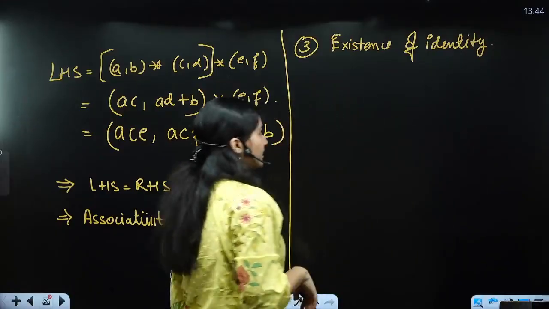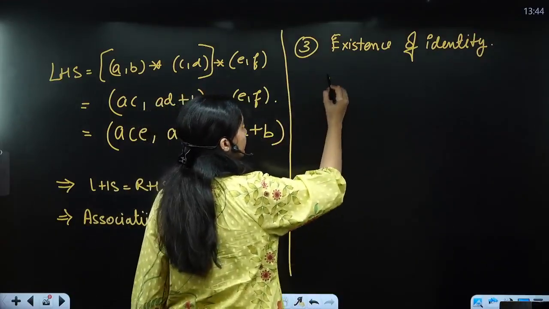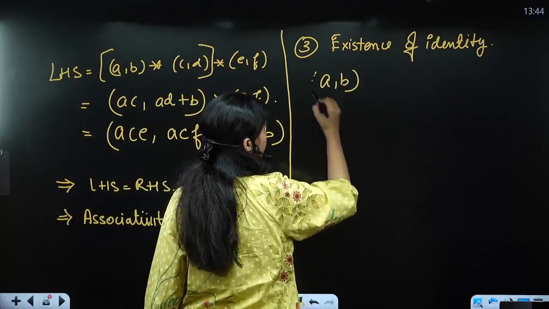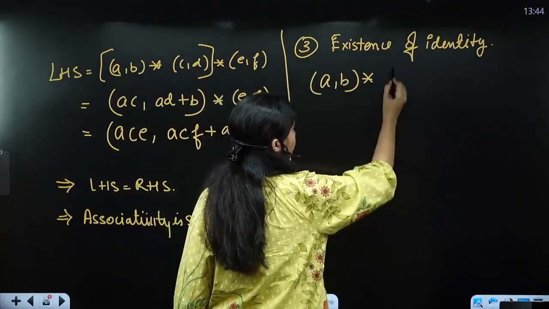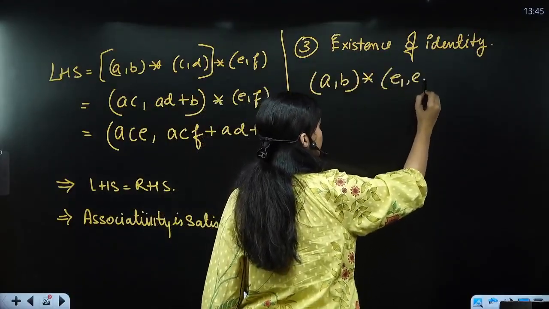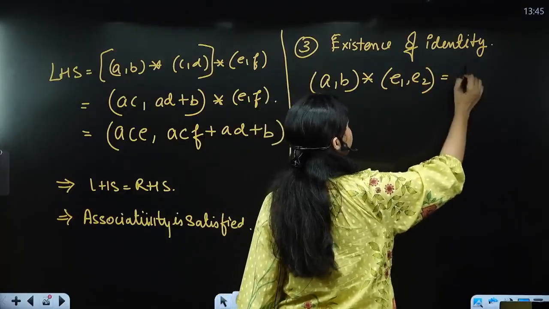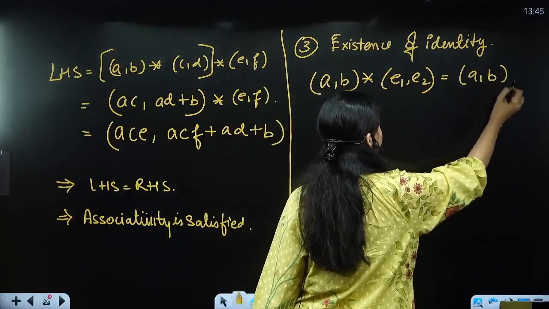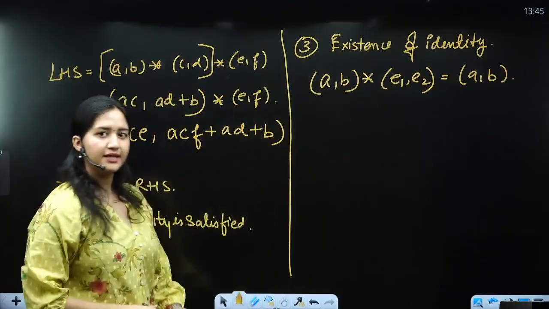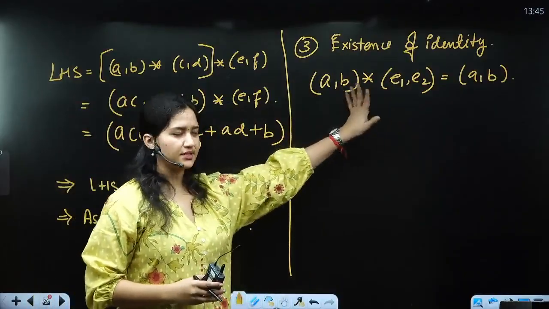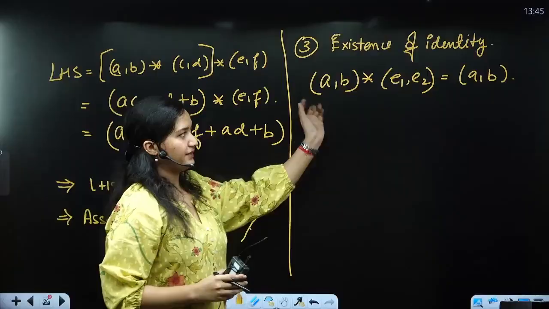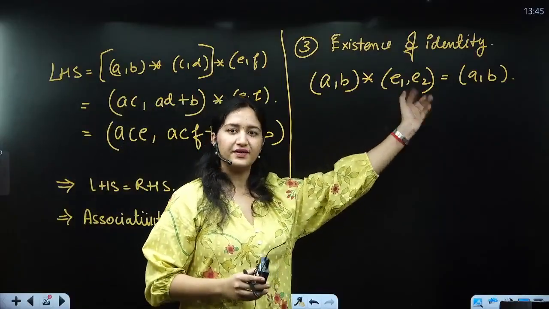Now for identity, what do I need? (a, b) operation (e1, e2), and I need (a, b) back. You can also write it by switching, that's not a problem. Here the main agenda is to find out the values of e1 and e2.